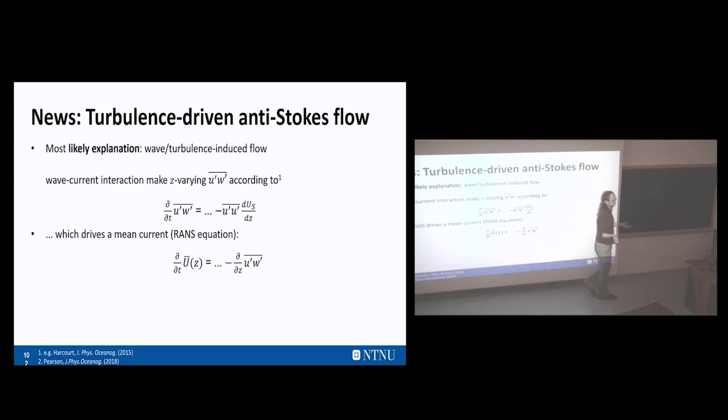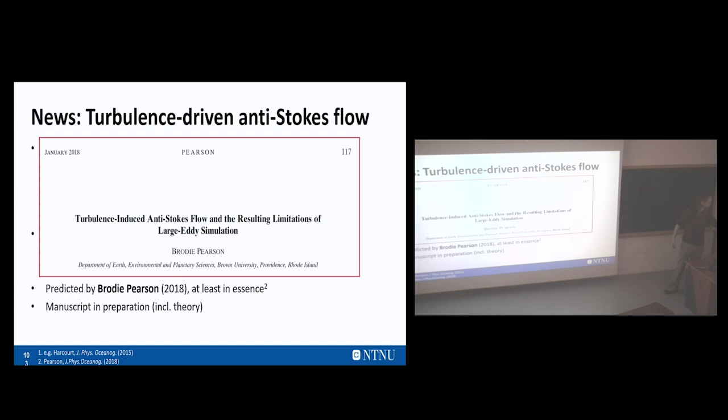The turbulence doesn't like to have gradients, basically. It wants to be uniform. And so when it isn't, it can generate a mean flow that tries to stabilize this. It is not an injection of momentum, most likely. The momentum should average to 0 overall, but these are early days in the theory.